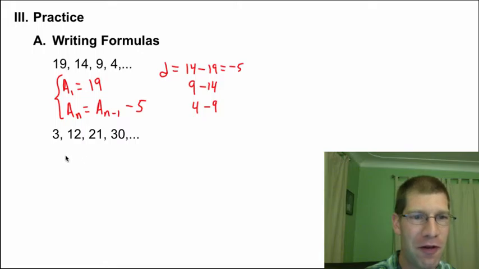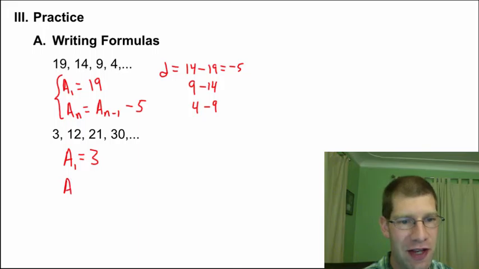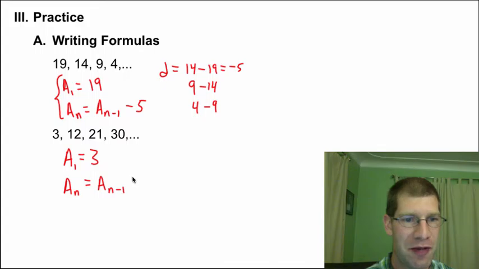Our second one, we go through and do those same steps again. Say the first term is, you just pull up your first number, your 3. So first term is 3. Then you say the nth term is going to equal the term before it. So a sub n equals a sub n minus 1. And we're done with the subscript now. Now we're going up, so I can put my plus in, and make sure your plus is not a subscript.